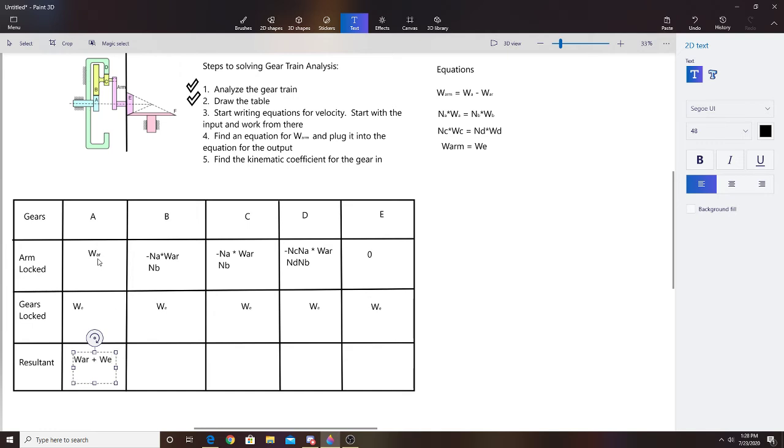So WAR plus WE equals WA, right? I'm writing all of this, but remember all of this column right here is equal to the velocity at the top. I'm just showing you what these two together are added to be. And then the same thing, I should have just copied it over, didn't think about it.